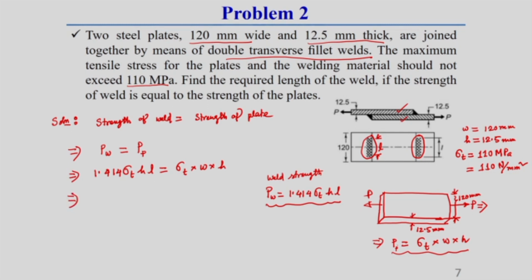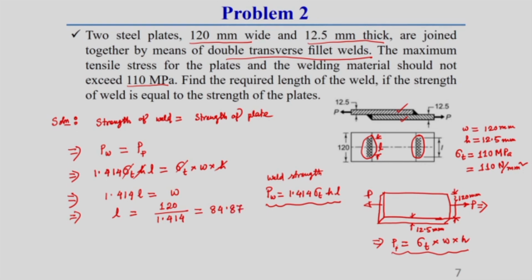Here everything is given, so we can easily find out L, because sigma T will cancel out and H will cancel out. So 1.414 L should be equal to W. L we can write as W divided by 1.414, where the width of the plate is given as 120. This will be 84.87.